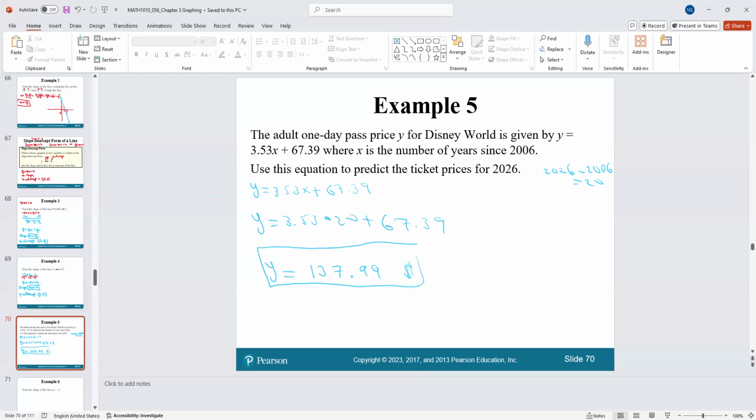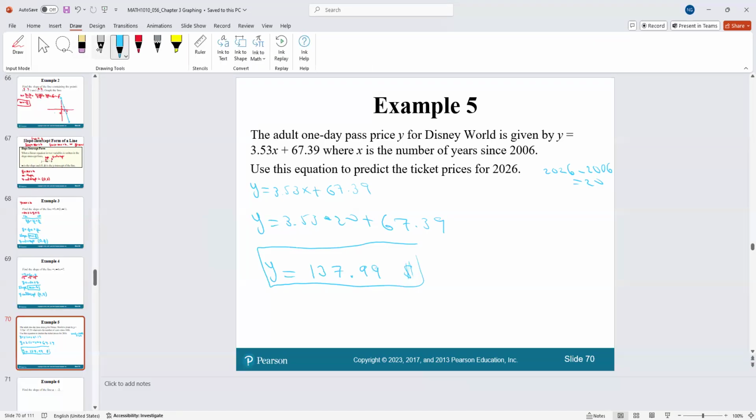Use this equation to predict the ticket price for 2026, so 20 years later. All right, that's the price for the ticket. Is that correct? Because if you know the price of the ticket in 2006, remember it's the initial year.